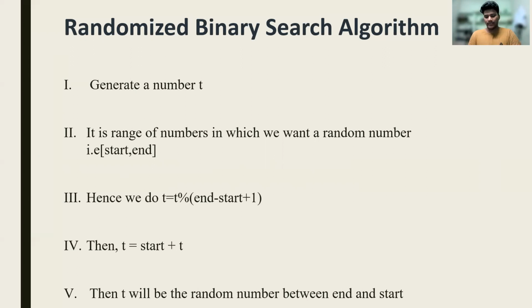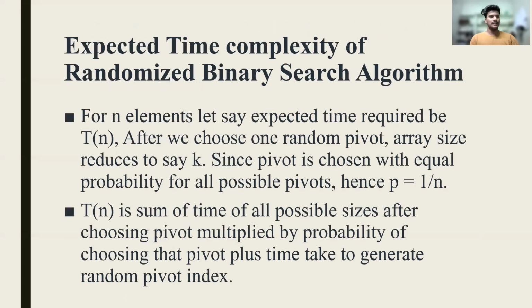We directly check x with t. If x is greater than t, then the required element is on the right side of the given array, or else it will be on the left side. This is the process that occurs in randomized binary search.